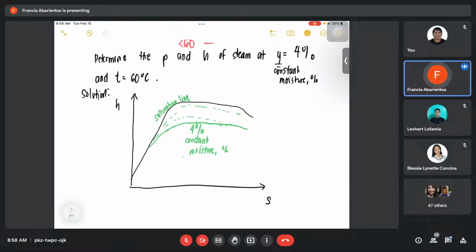Makikita mo siya sa paslanting na line, malapit sa enthalpy na 26 to 27, sa taas lang ni 2,300. So, si 60, saan magpo-fall si 60? Sa saturation line natin.